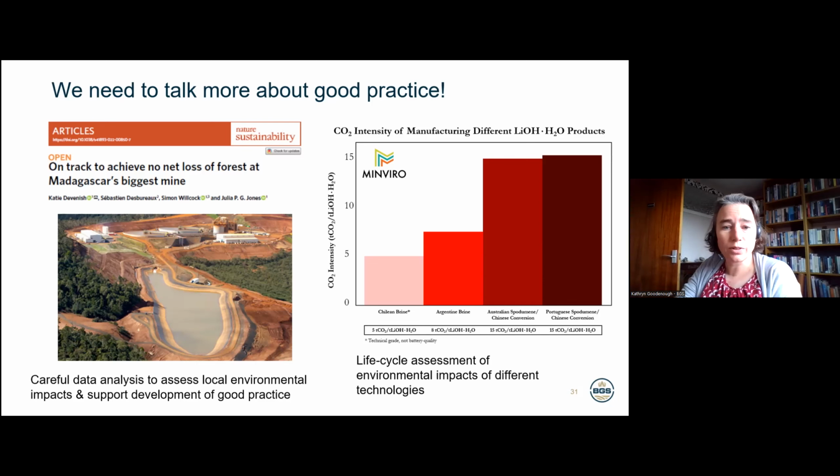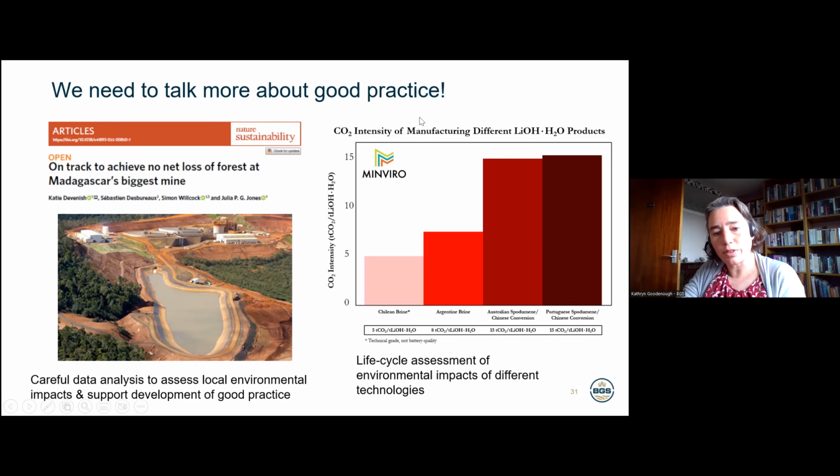And similarly, if you look on the right, this is an example from a company called Minviro that we collaborate with quite closely. They've done life cycle assessment of the global environmental impacts, the amount of CO2 emissions, of different types of lithium mining.